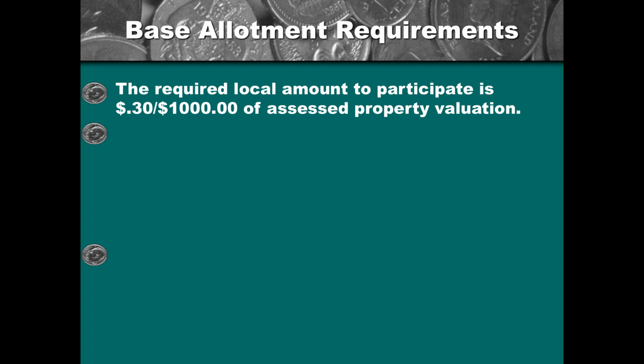Your tax is based on a level set, in this case 30 cents per $1,000 of assessed property value. That's the minimum. Most districts are far above that. Many of them are way far above that. But the minimum to participate and actually get state funding is to at least assess 30 cents per $1,000.